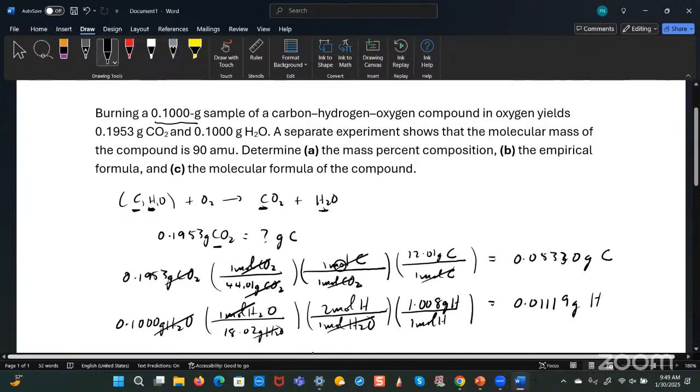Okay. So far, we have determined the masses of carbon and hydrogen. But remember, the compound contains carbon, hydrogen, and oxygen, right? So now we need to find the mass of oxygen. How do we find that? Let's go down here.